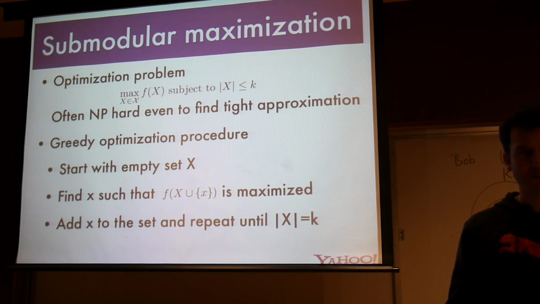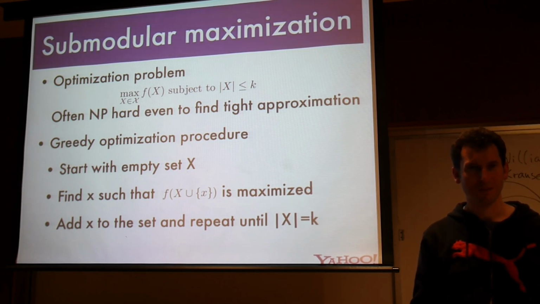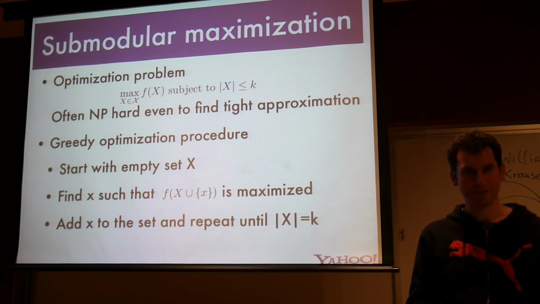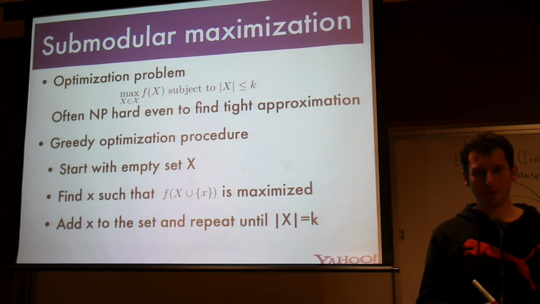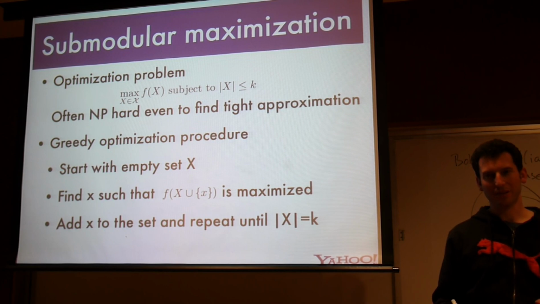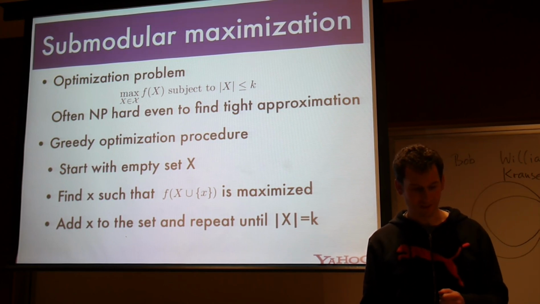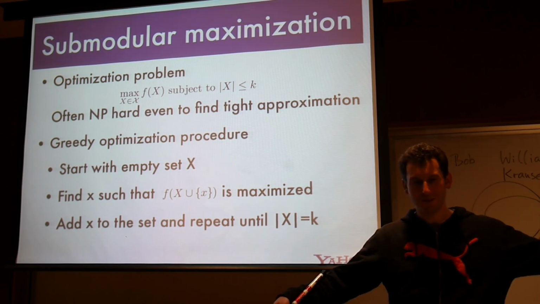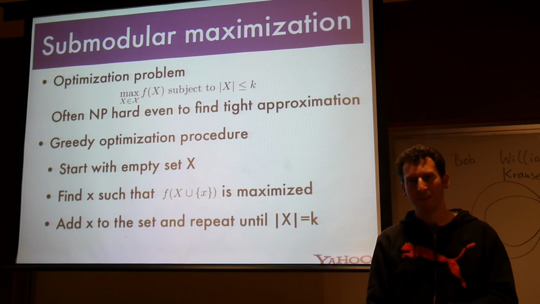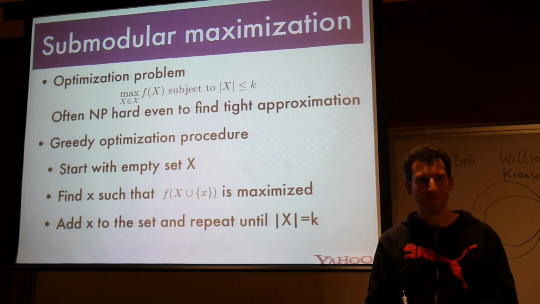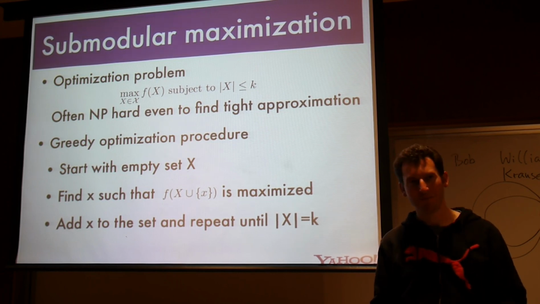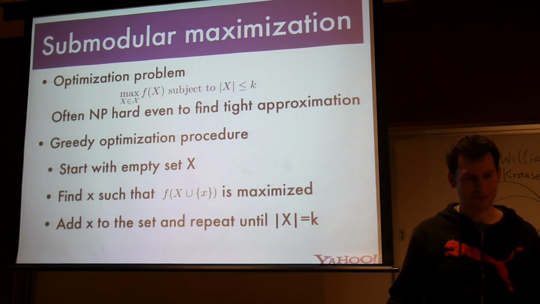Or for instance, there are submodular secretary problems. And I think it also has another name than the secretary problem. Who knows what the secretary problem is? Okay. So the secretary problem is basically you want to hire a secretary. And you're going to see maybe 1,000 secretaries. And at each time you look at her, you decide, is she good enough? And at that point you need to commit and decide whether you want to hire her as a secretary or not.